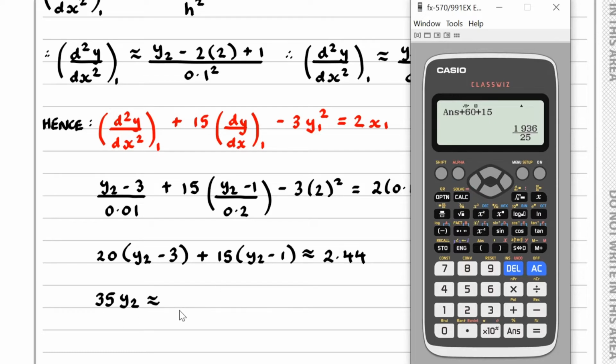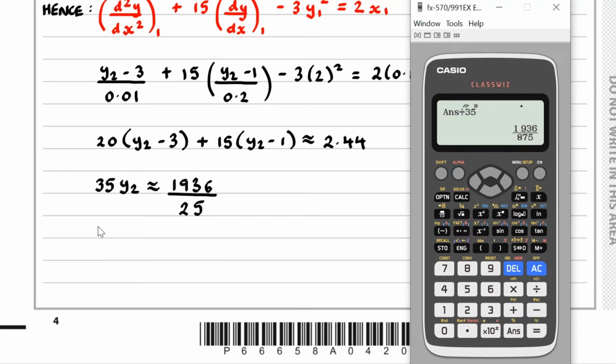So 35y2 is approximately equal to 1936 over 25, and if I divide this by 35, we can therefore conclude that y2 is approximately equal to 1936 over 875.